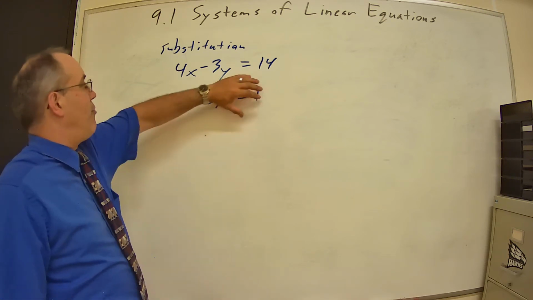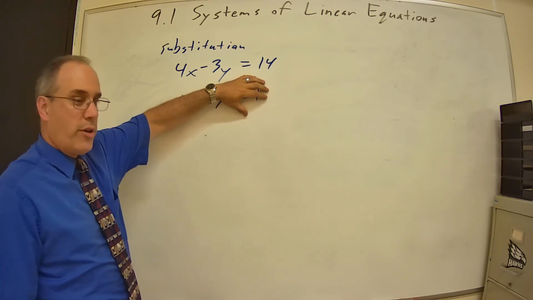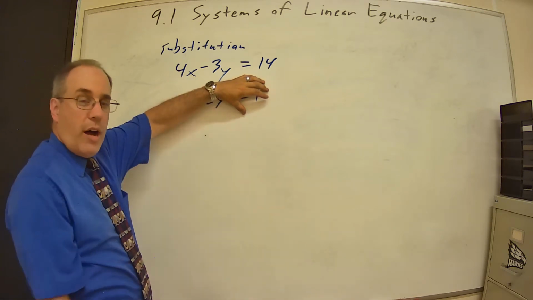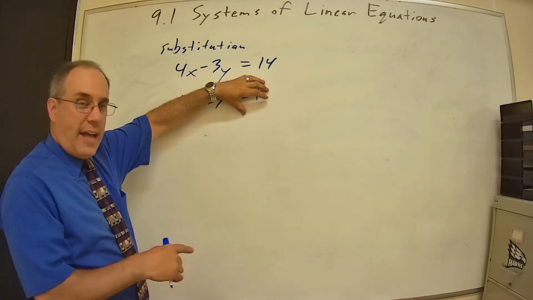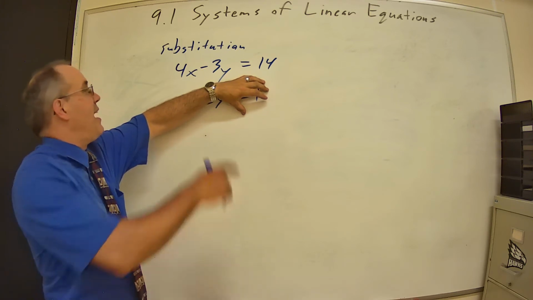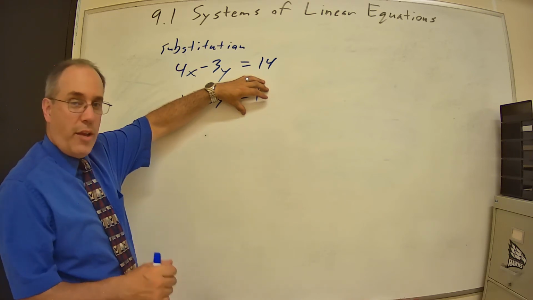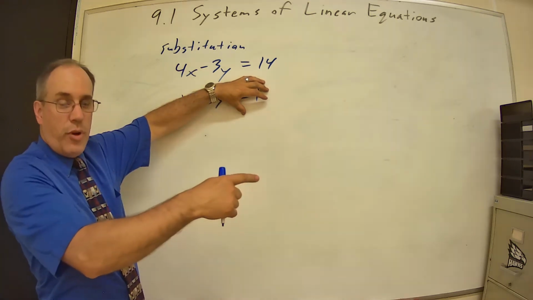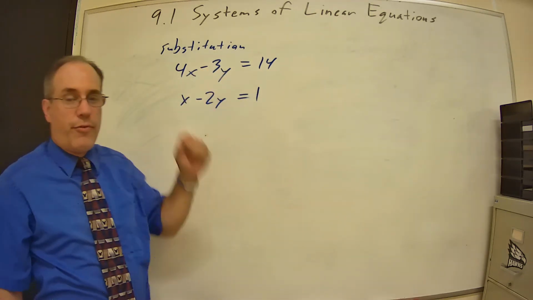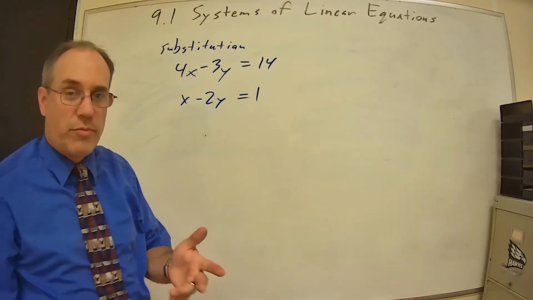So if we only have one equation, 4x minus 3y is equal to 14, we can't find x and y. We can either find x in terms of y, or we can find y in terms of x, but we can't use that to find a point on it without plugging something in and seeing what happens. So we can't solve for x and y. We can solve for x in terms of y, or we can solve for y in terms of x.